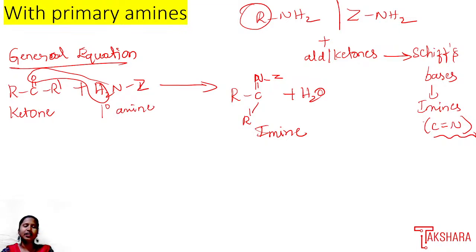Okay, so this is the general equation for ketone. Now let us take the general equation for aldehyde: RC double bond O H. This is the general form of aldehyde.